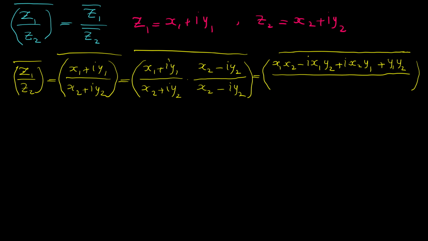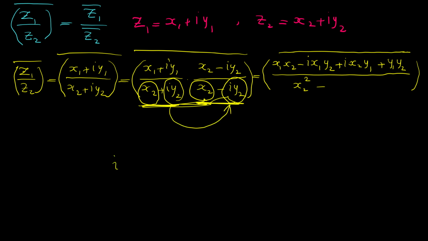What about the denominator? For multiplying this complex number by its conjugate, we know that we can simply multiply real by real. So we have x2 squared minus i y2 times i y2 would be i squared y2 squared.